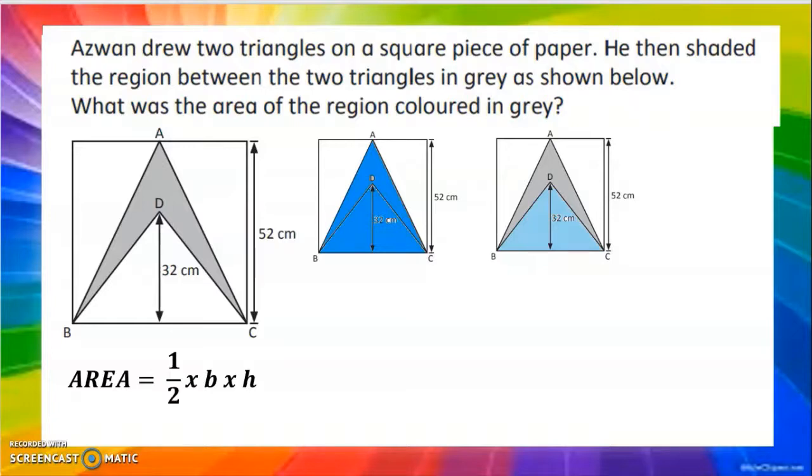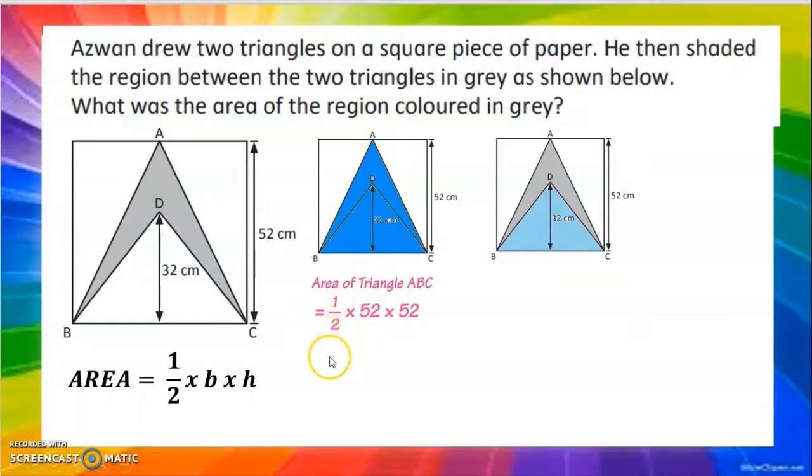Very good. 1/2 times base times height. So, we're going to take first the area of the big triangle ABC. So, we have 1/2 times, what is the base? This is 52, it means this is 52 also. So, 52 times the height is 52.